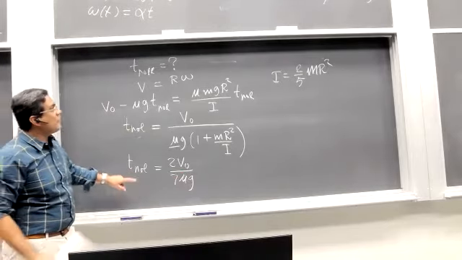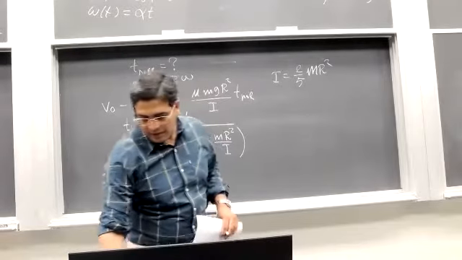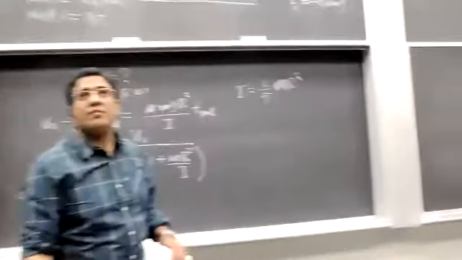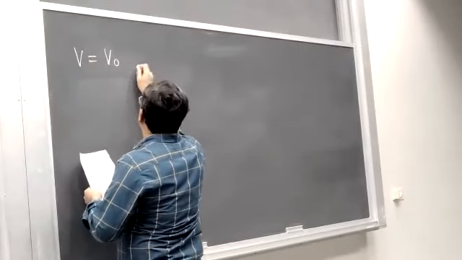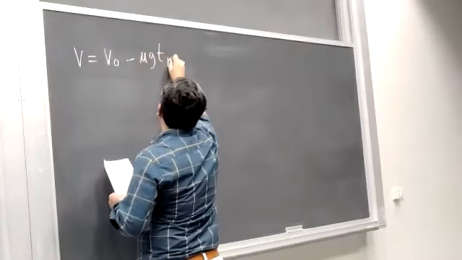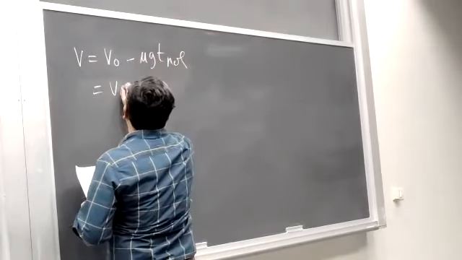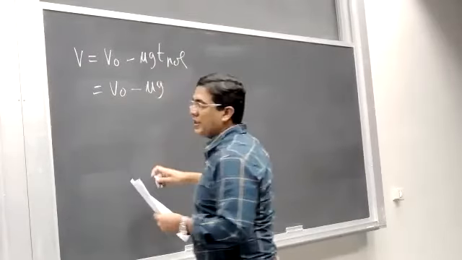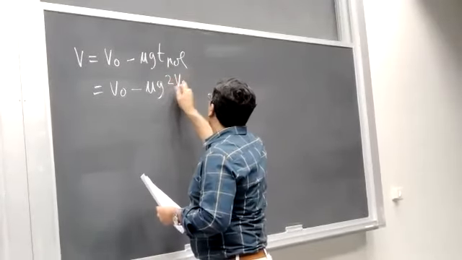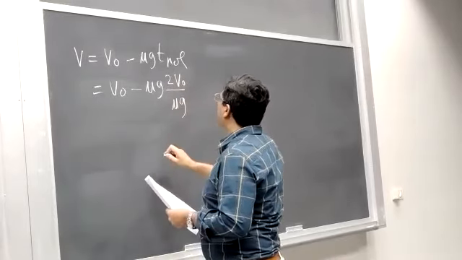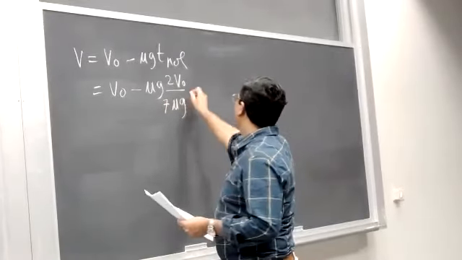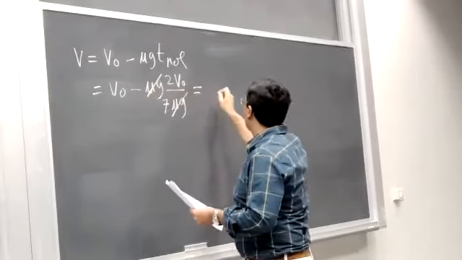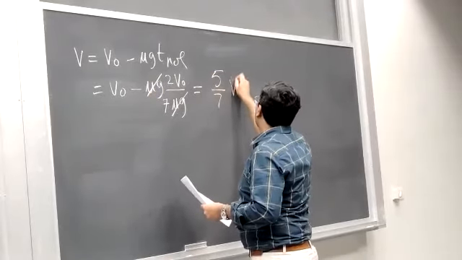Let's put it back into the velocity of the center of mass, which is v naught minus mu g T roll, and T roll is 2 v naught over 7 mu g, so this cancels here, and this simplifies to 5/7 v naught.